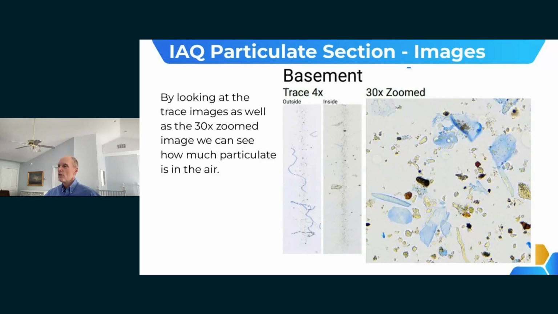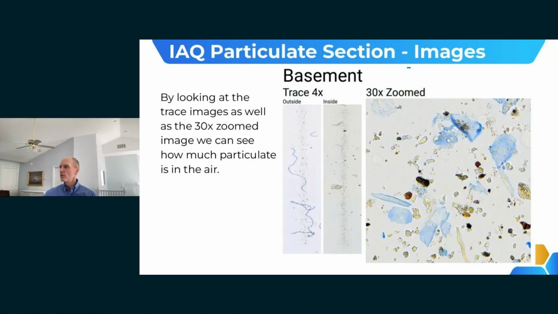Then if you can see my cursor, you've got these long jaggedy-ended light blue things, those are animal skin fragments. So it's actually really quite easy for us to tell the difference between animal and human skin fragments. We can give you the count of how much skin fragments, human versus animal, there is. And that also is a good indicator of how clean and well maintained the home's been.